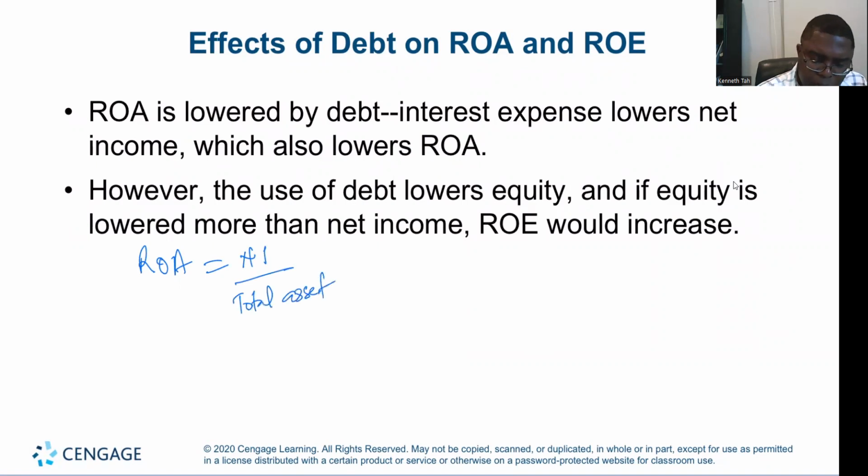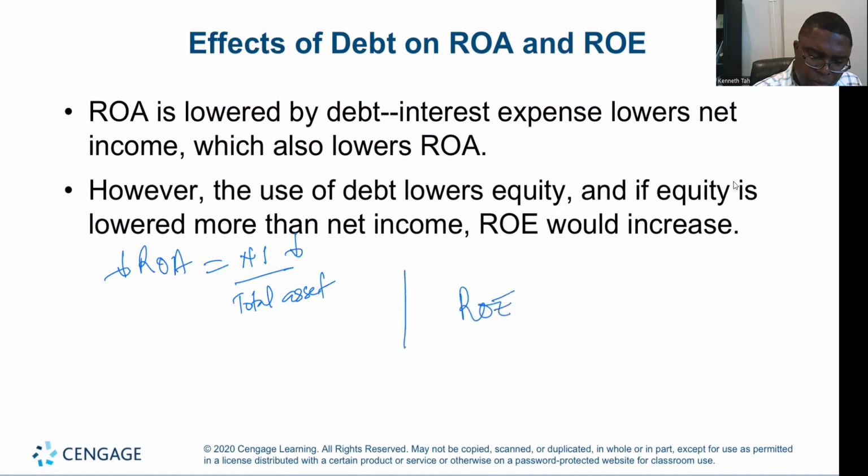So if debt is going up, then that is going to mean that net income is going to go down. And if net income is going to go down, then return on asset is going to go down as well. So debt tends to reduce return on asset.